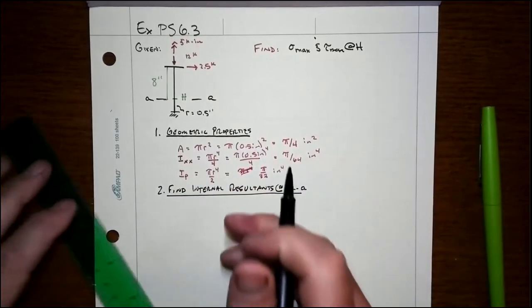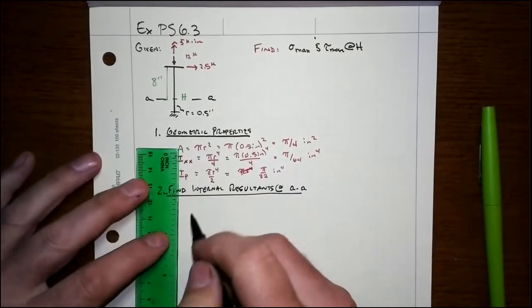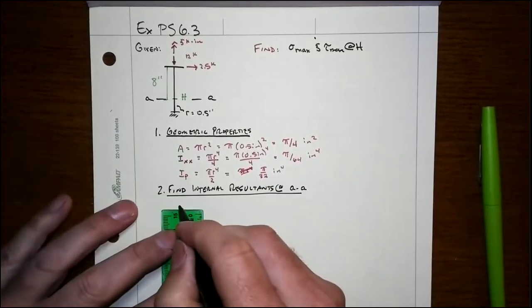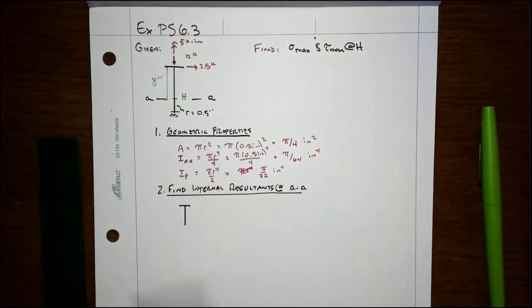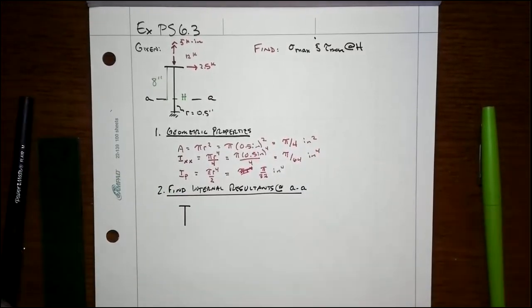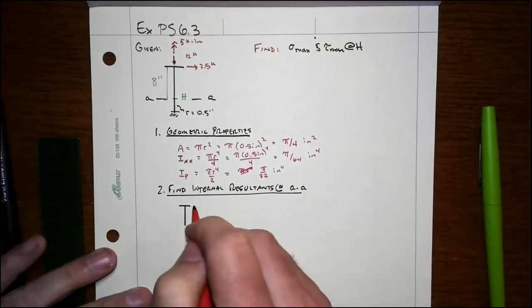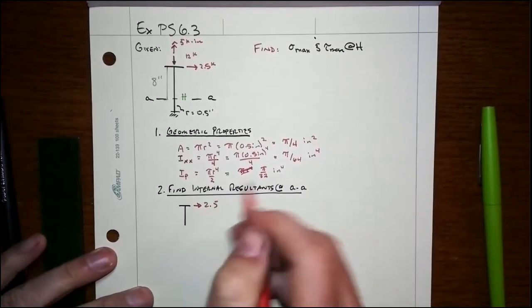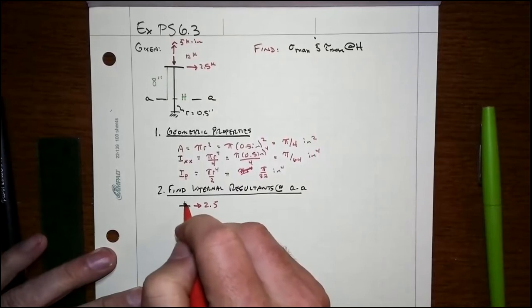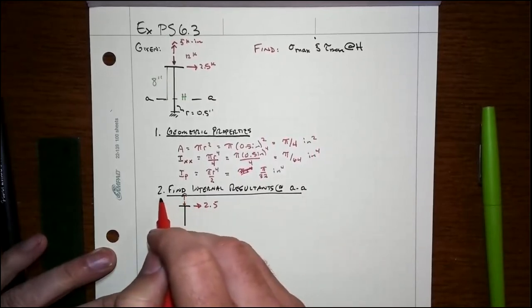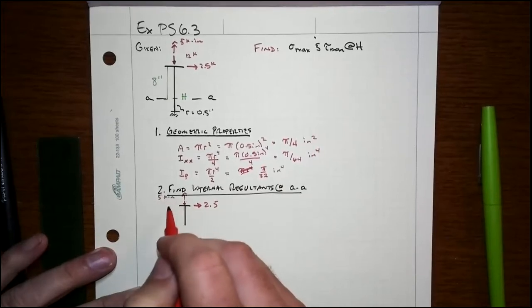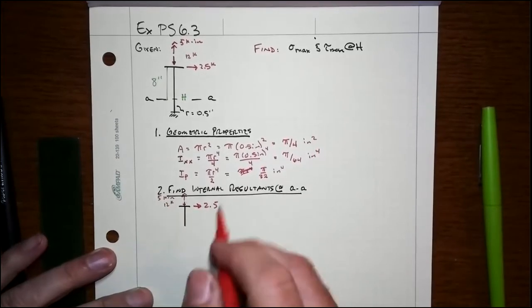And then when we go do that, I didn't give myself enough space. That's unfortunate. But there's your 2.5. You've got your axial force and then your torque. Like I said, I didn't give myself enough space. 5 kip inches and 12 kips axial.